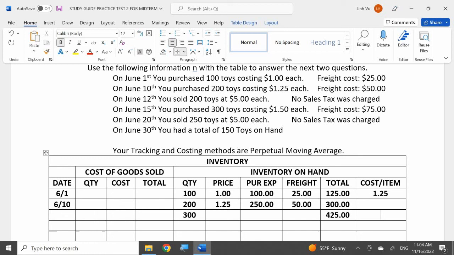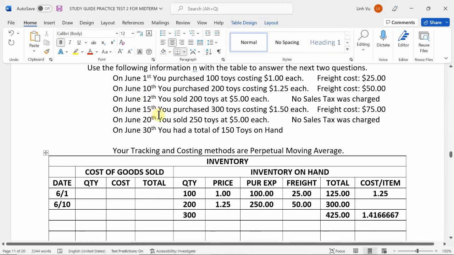Because I'm going to take $425 and divide that by 300 units, and you should get 1.416667.